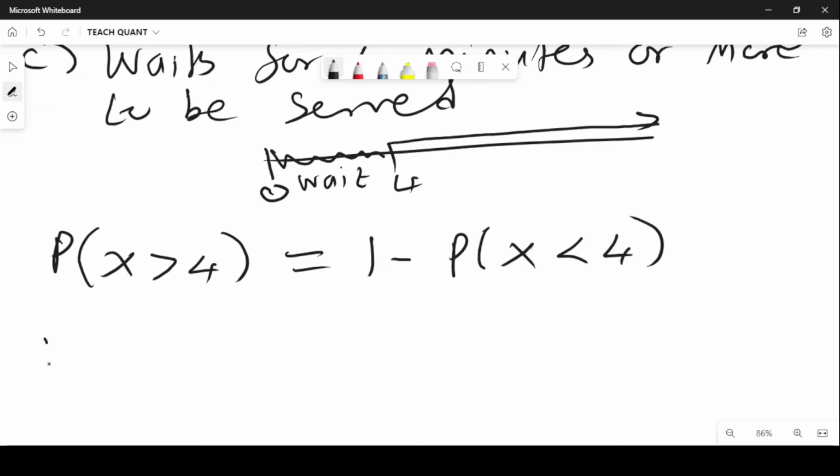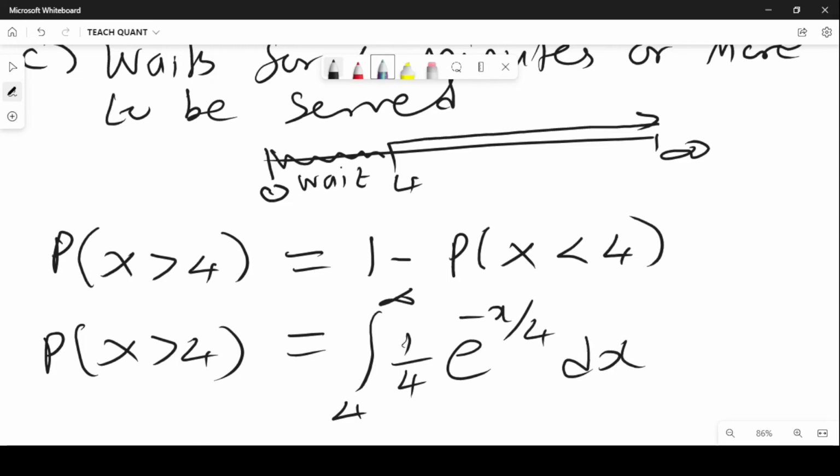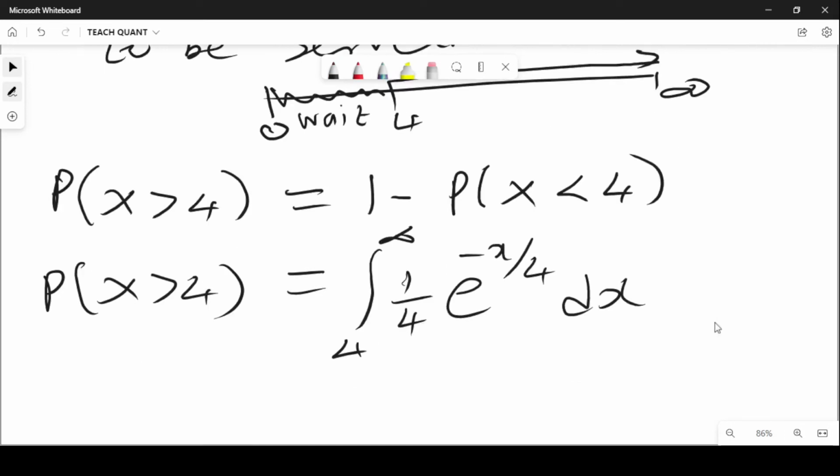If I use the first one, probability of x is greater than 4, I'll be doing an integral from 4 to infinity because it goes until infinity. We say that x is greater than 0, so it starts from 0 all the way to infinity. A quarter e raised to the power negative x over 4 dx.